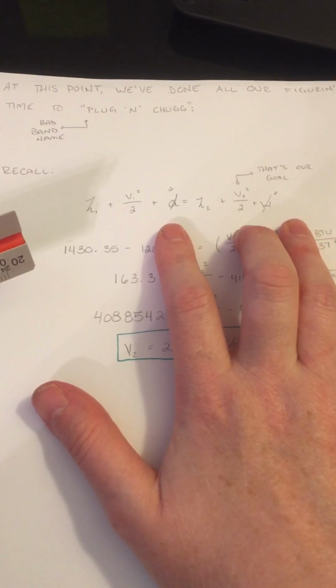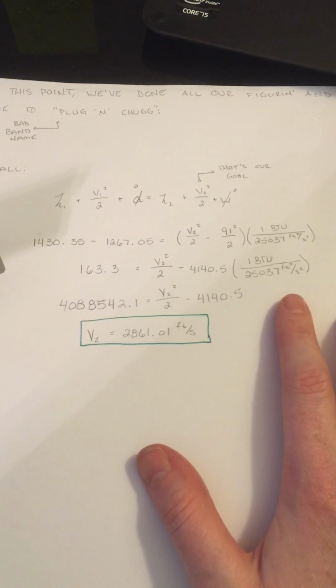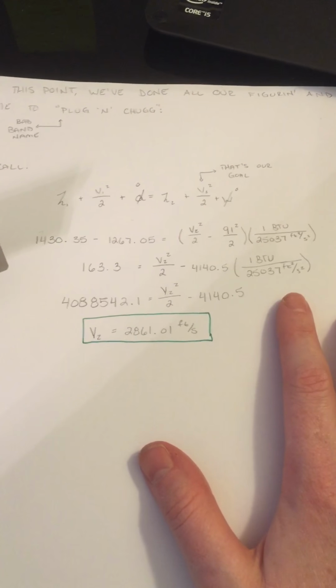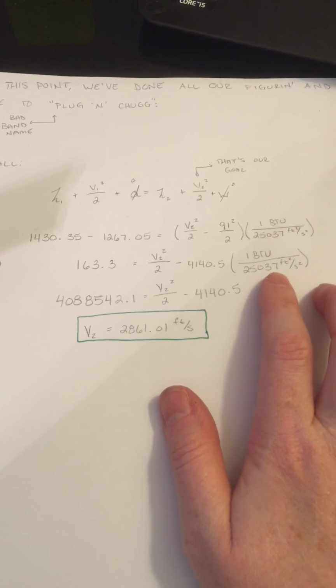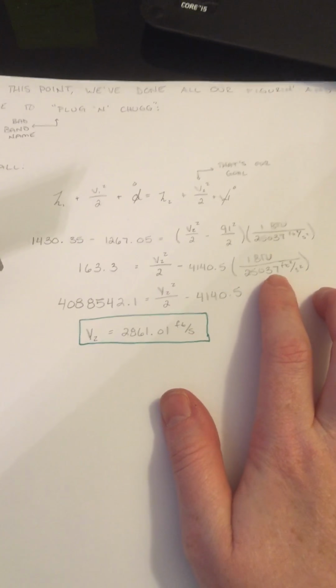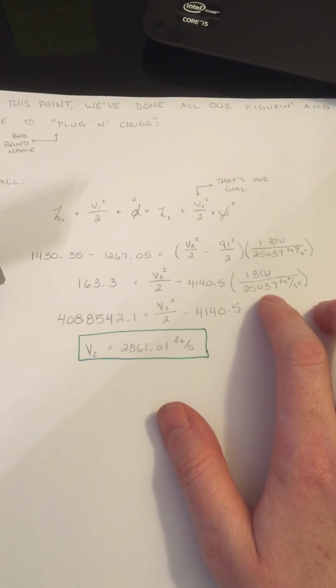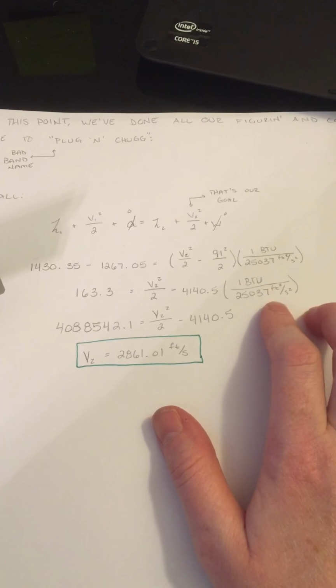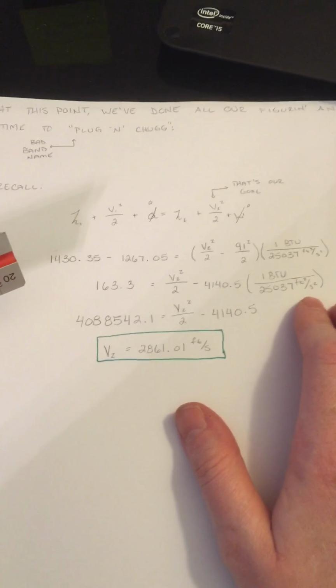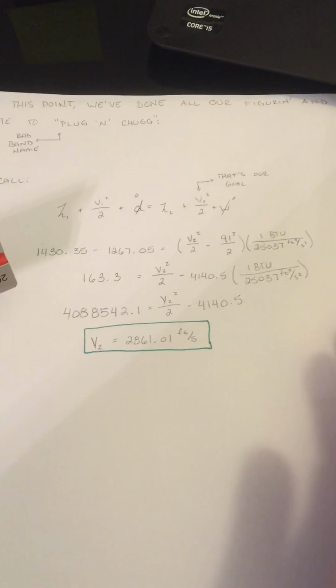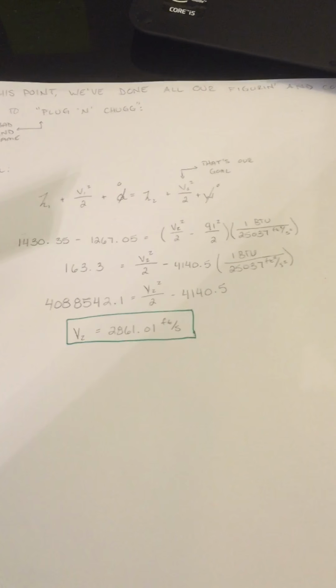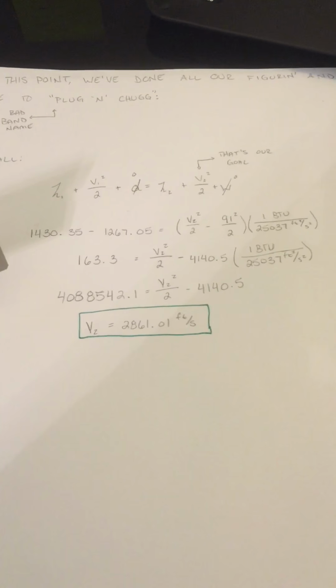One thing that messed me up the first time I did this problem is that you've got to do a BTU conversion: 1 BTU per pound is 25,037 feet squared per second squared, unit ridiculousness. So you just go down through here. This is the way that I solved it. It made the most sense to me; it could make sense to you, I don't know.